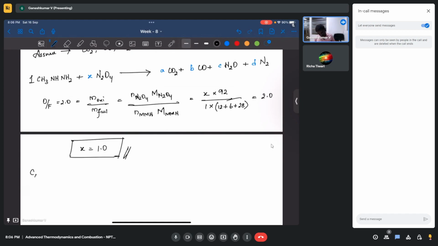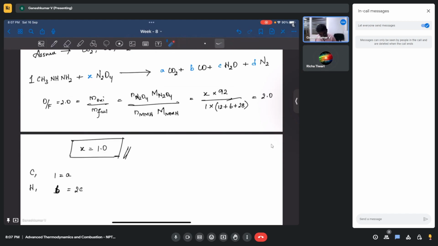So in atom balance, let's say hydrogen: 6 on the fuel equals 2c, so c is equal to 3. Hydrogen means 2c, right?